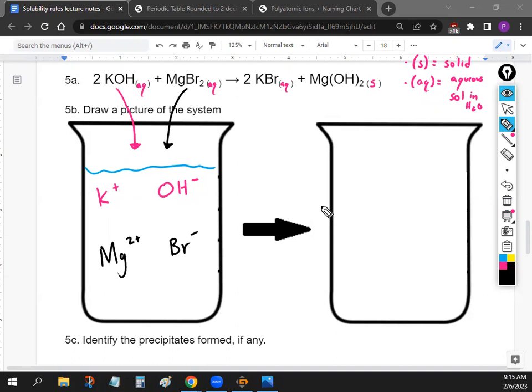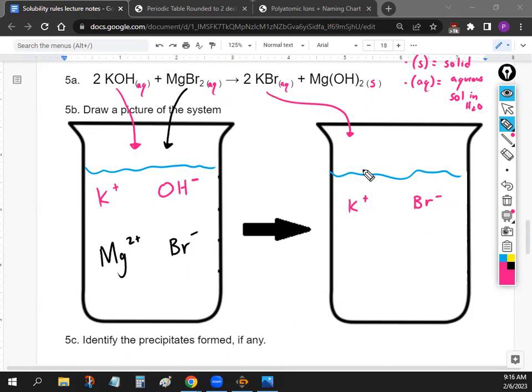Okay. Make sense? So far, so good? Okay, last one. We're going to do this right side container, which is going to be the product side. And so if we put in KBr, since it dissolves in water, we're going to write that it dissolves into K plus and Br minus. Okay.